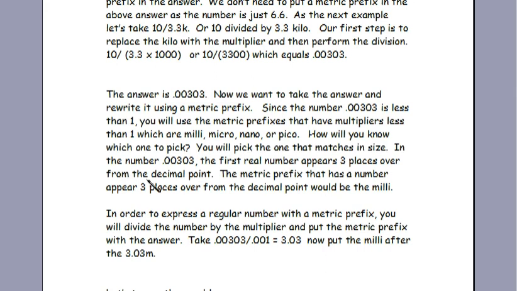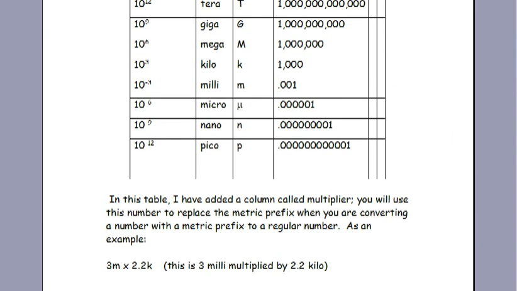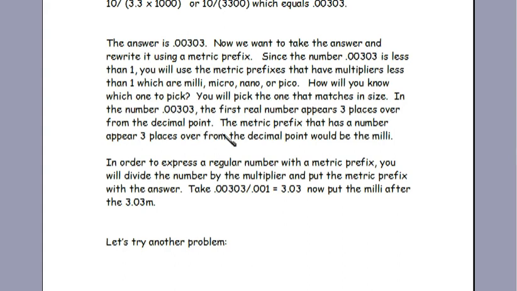For example, in the number 0.00303, the first real number, which is this 3 right here, appears 3 places after the decimal point. If I look back up here in the chart, the multiplier for milli has a 1 three places after the decimal point. So I'm going to use the milli because it matches closest in size.